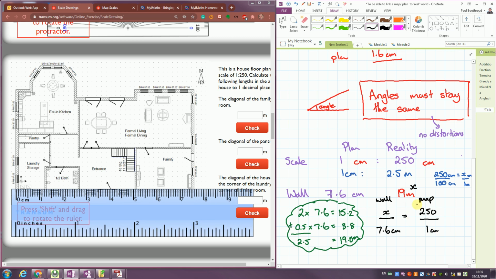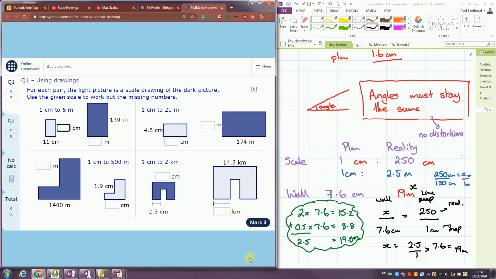So the bottom line is the map, and the top line is reality. Do the rearrangement. So 2.5, that should be. To do the rearrangement, you get x equals 2.5 divided by 1 multiplied by 7.6. And on a calculator it will give you 19 metres. You can do that calculation stuff in the Maths homework.